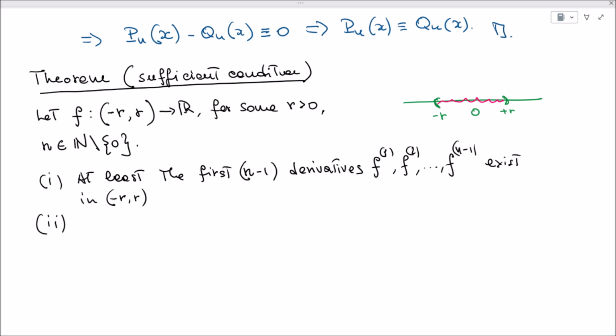So the first condition is that this function has n minus 1 derivatives in the neighborhood of the origin between minus r and r.